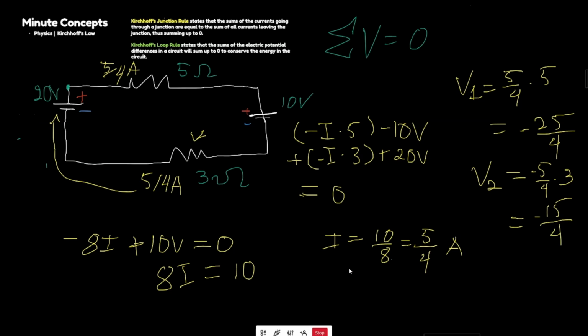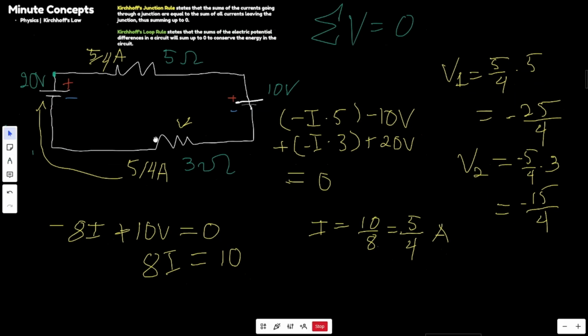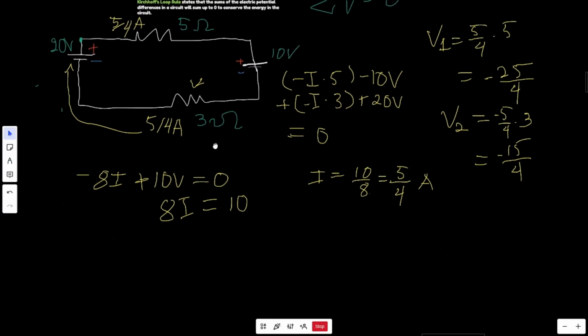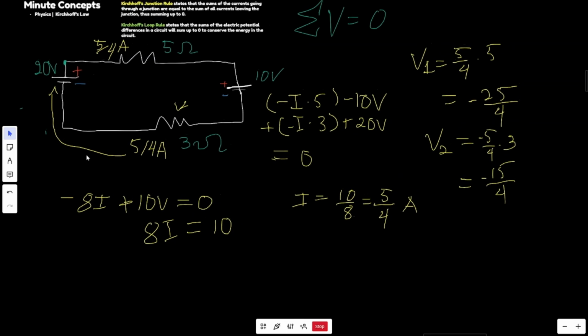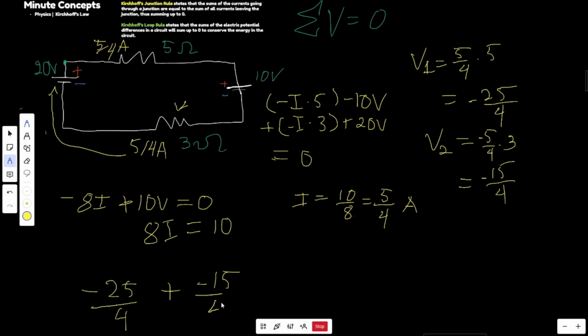So now if we add all of these up, we'll have the following equation. Negative 25 over 4 volts plus negative 15 over 4 plus negative 10 plus 20.